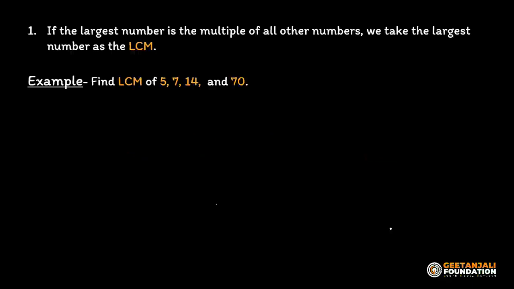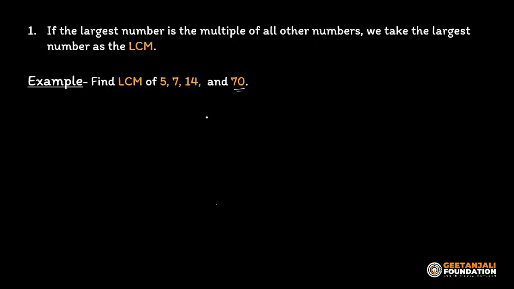Whenever we follow the Vedic Math technique, we need to focus on the numbers and the result we want. So we don't follow one technique for everything. We just go by the properties of numbers. If the largest number is a multiple of all other numbers, we take the largest number as LCM. For example, here we have to find LCM of 5, 7, 14 and 70.